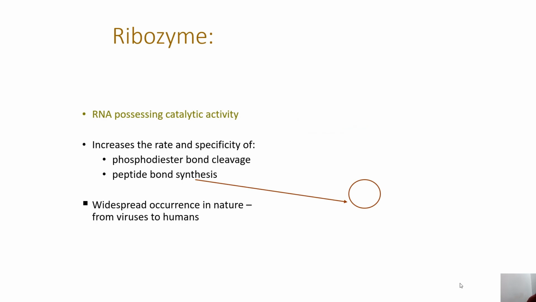Ribozymes are basically RNAs that possess RNA processing catalytic activity, and they increase the rate and specificity of phosphodiester bond cleavage and peptide bond synthesis. They occur widely in nature, from viruses to humans.